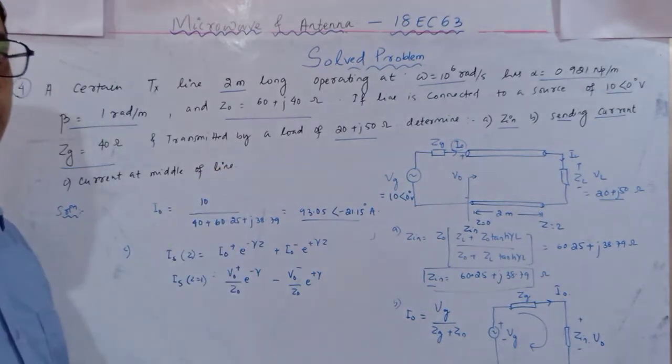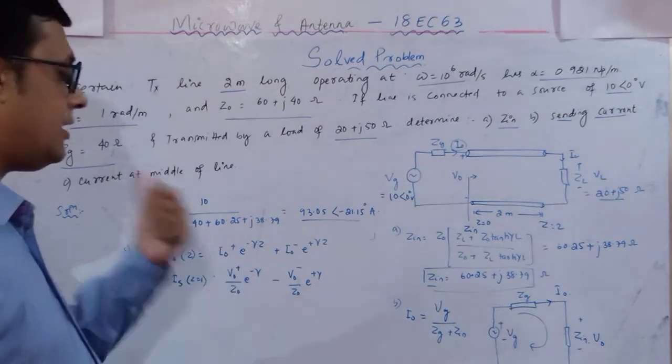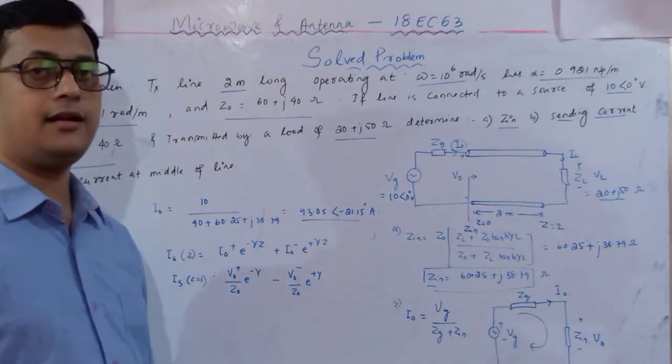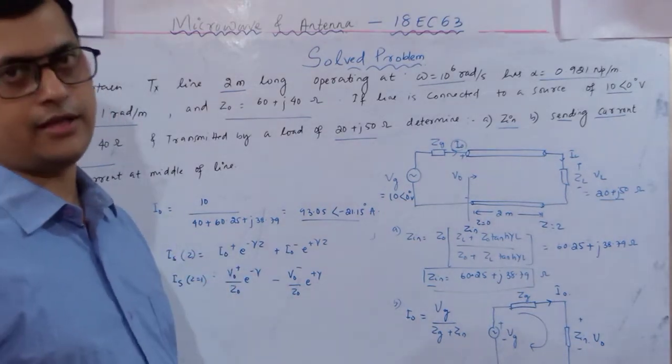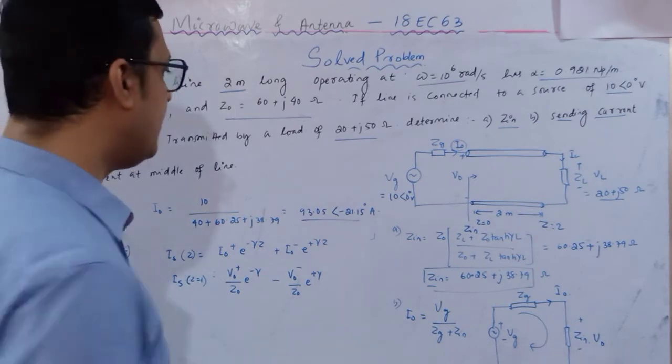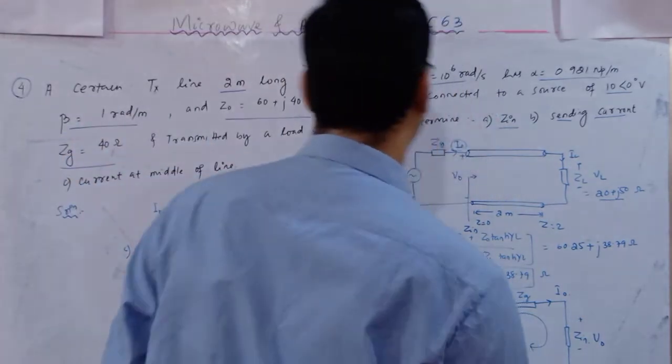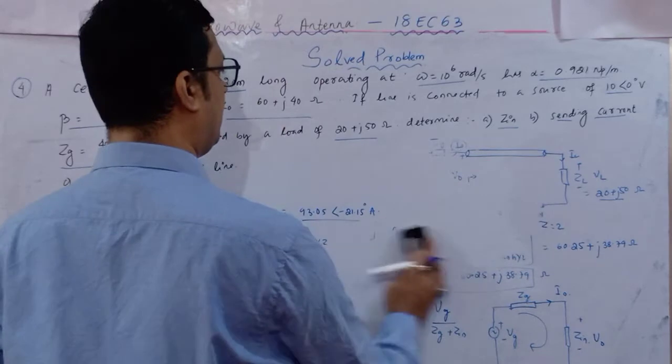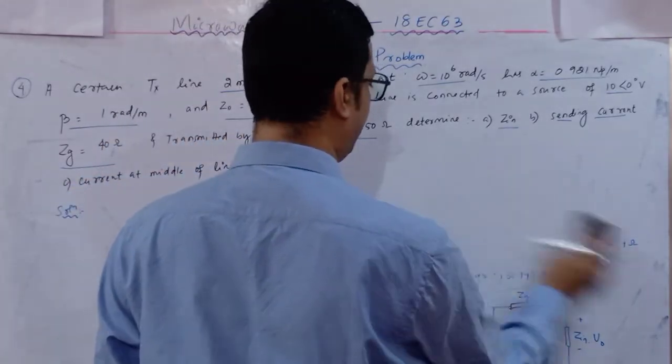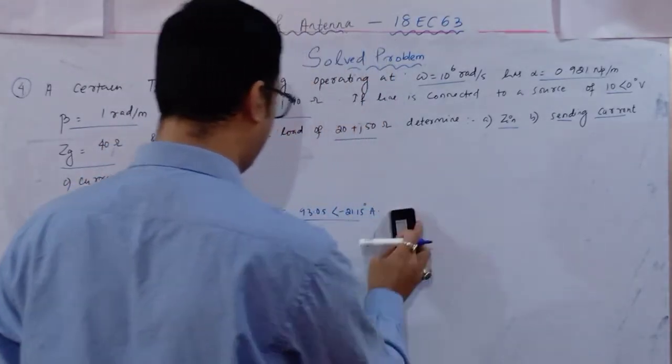Now here the most important thing is, we have to calculate what is the incident potential and what is the reflected potential. We have that relation. Only that relation will help us to find out these values. So let me write that relation once again.